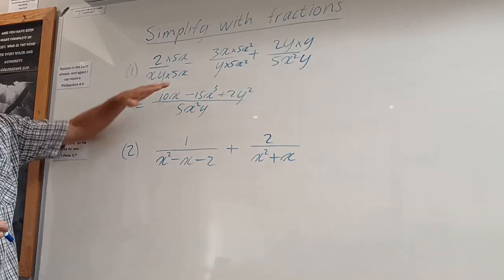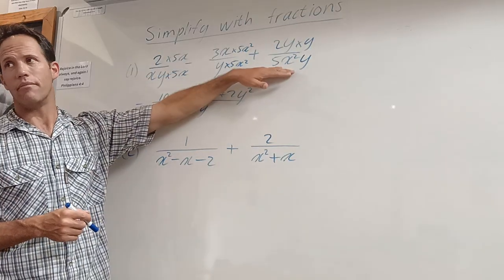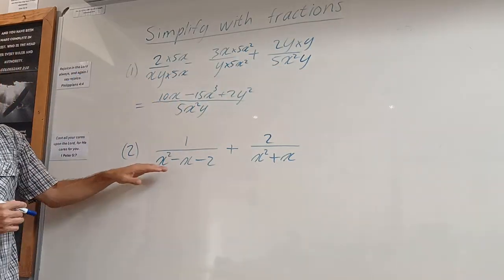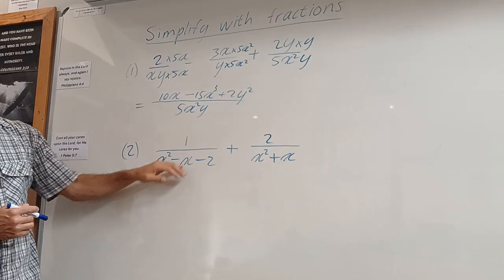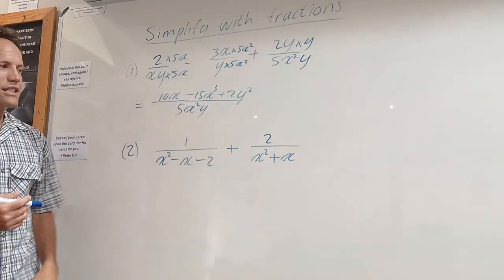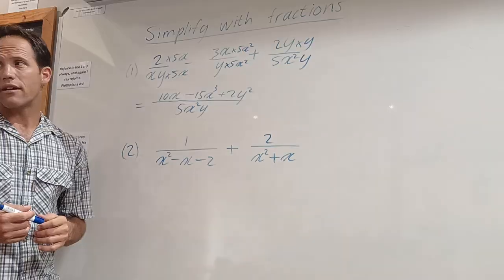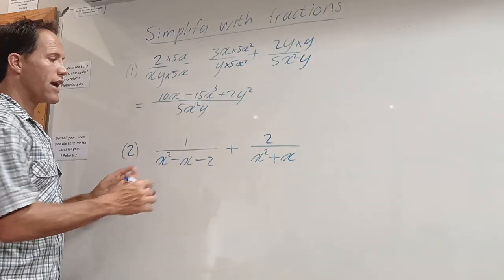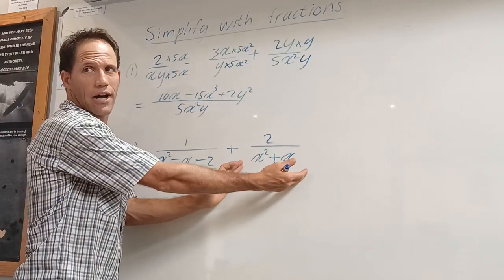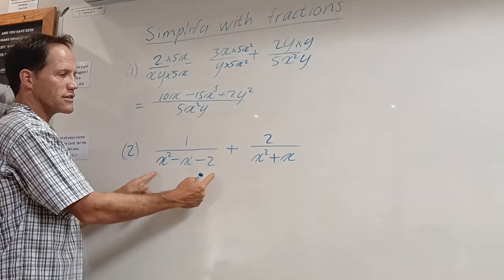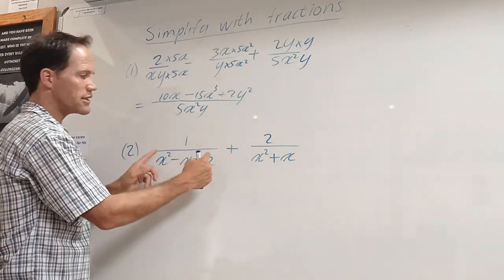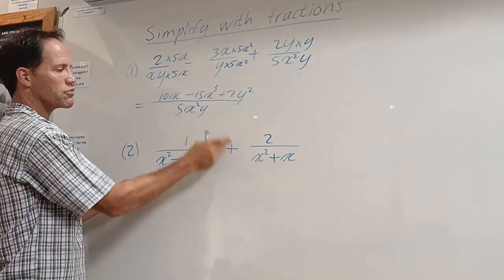So the big thing was to get the denominators the same and then combine it. So let's look at something like this. When you get questions like this, the biggest mistake that I've seen learners make, don't do this, is they want to make the denominators the same now, so they multiply this side by this side. They say, let's put this in brackets and multiply it by this one both sides.